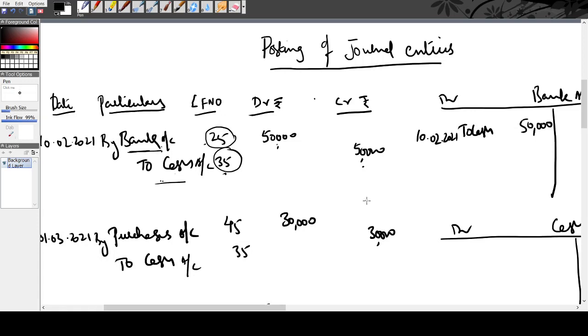This is how I'm going to post. And in the ledger you have one column called the JF number column also. What should I write here? Let us say this journal entry is appearing in the 11th page of the JF, I'm going to write page number 11 here. Okay, so I've completed the posting in the bank account.